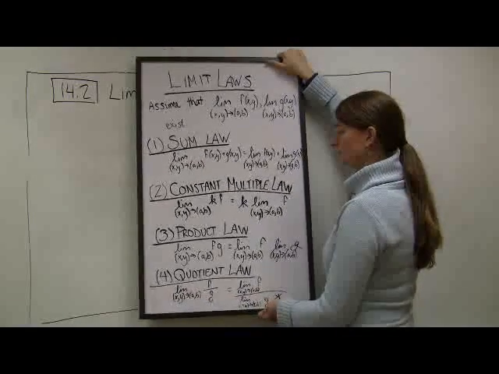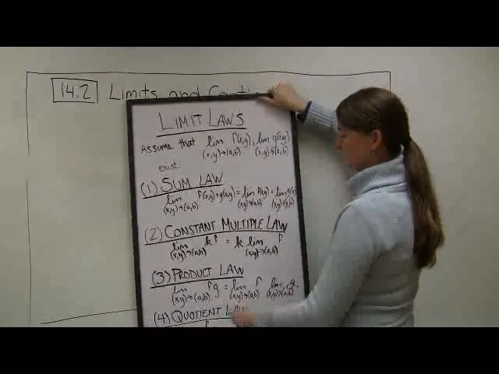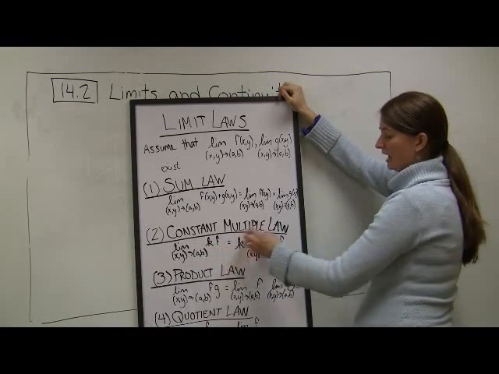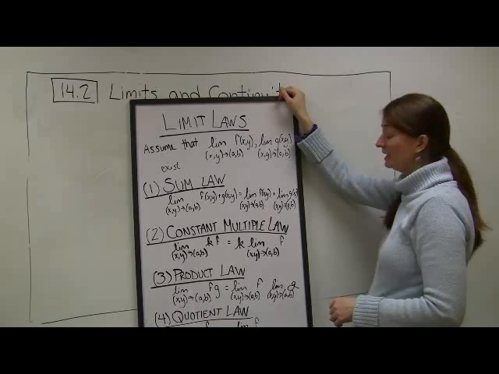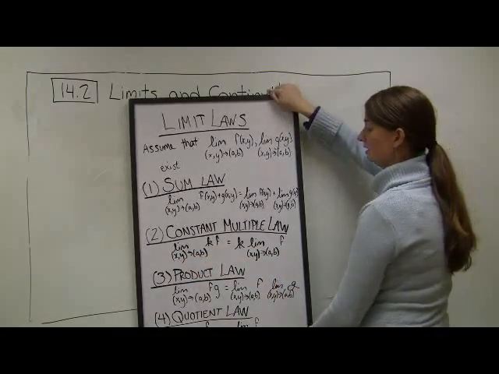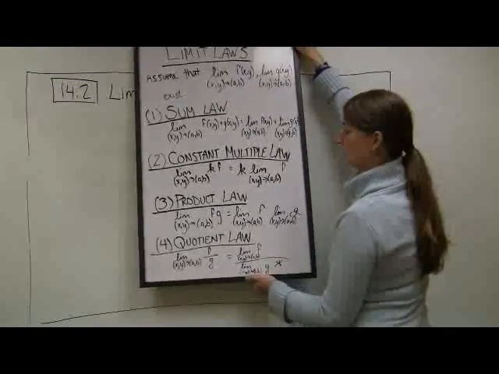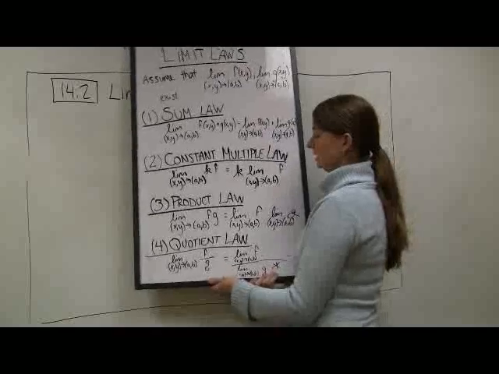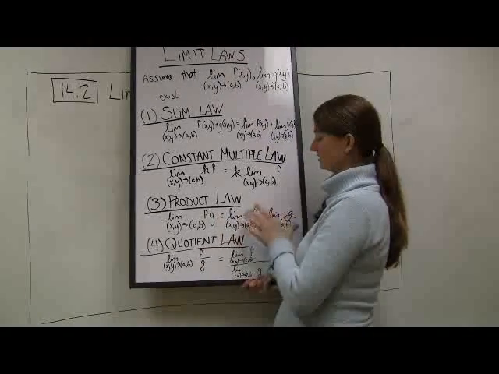Constant multiples also hold, so that means that if I take the limit of some constant times my function f, I can pull that constant outside of the limit. This is exactly the limit laws that you saw in single variable functions. We also have a product law, that if I'm taking the limit of the product of two different functions, that's going to be the limit of the products.